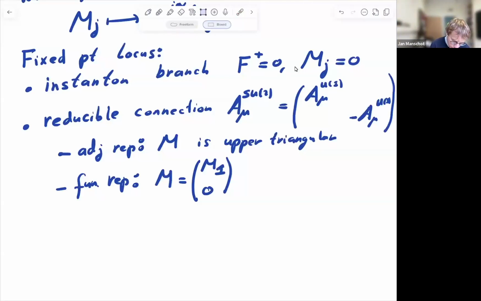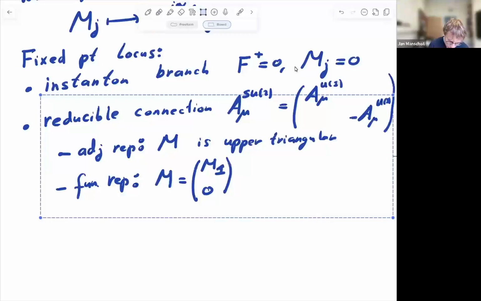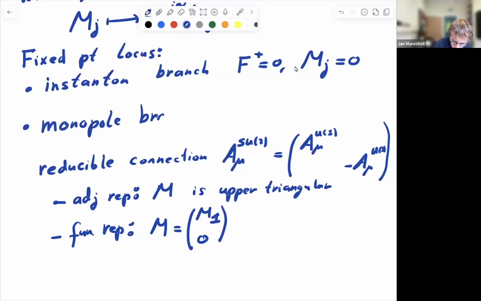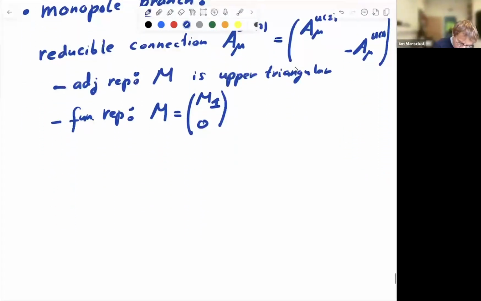Sorry, I didn't write down monopole branch so far. We'll mostly consider the instanton branch.